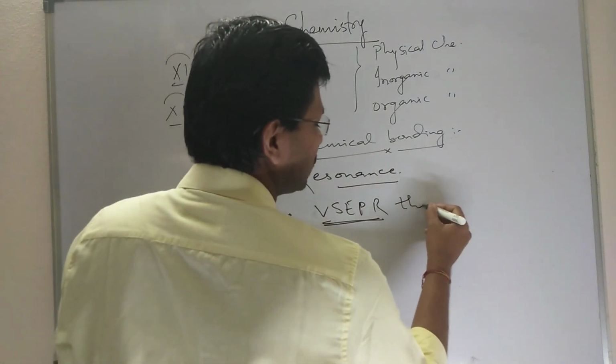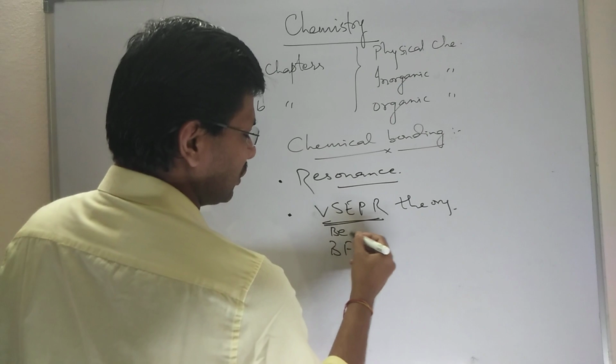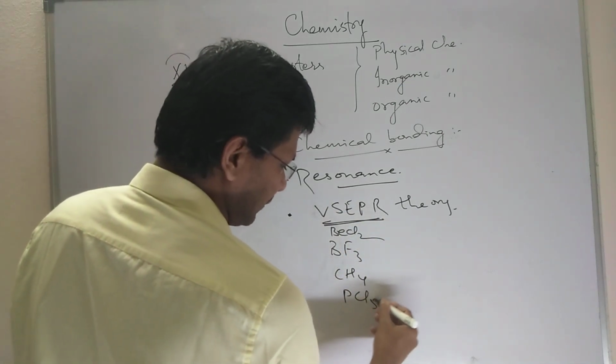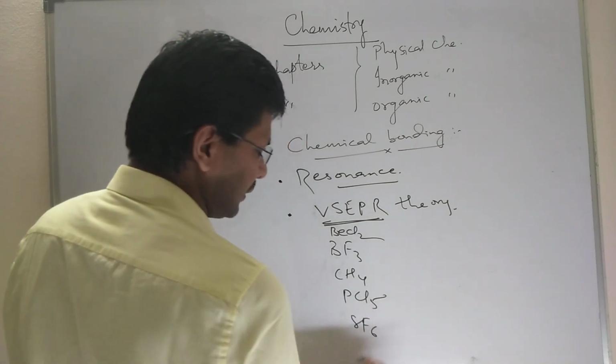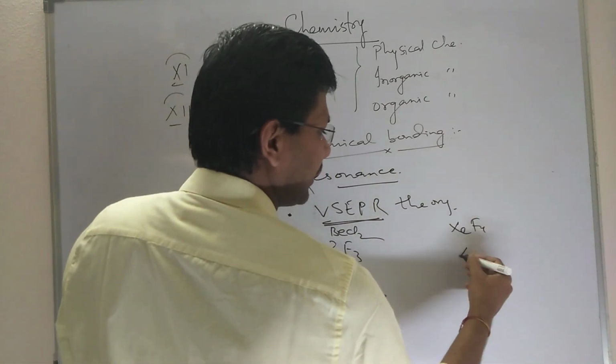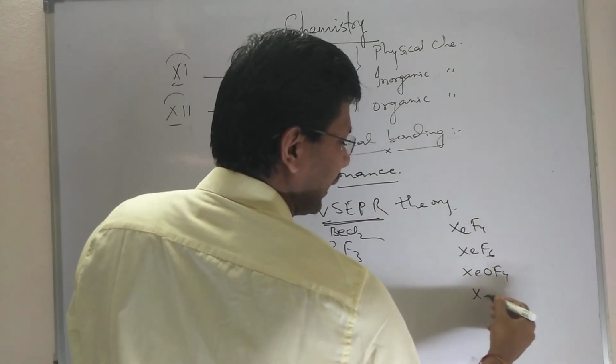Like suppose they ask you the shape of BF3, BCl2, CH4, PCl5, SF6, IF7, XeF4, XeF6, XeOF4, XeO3.